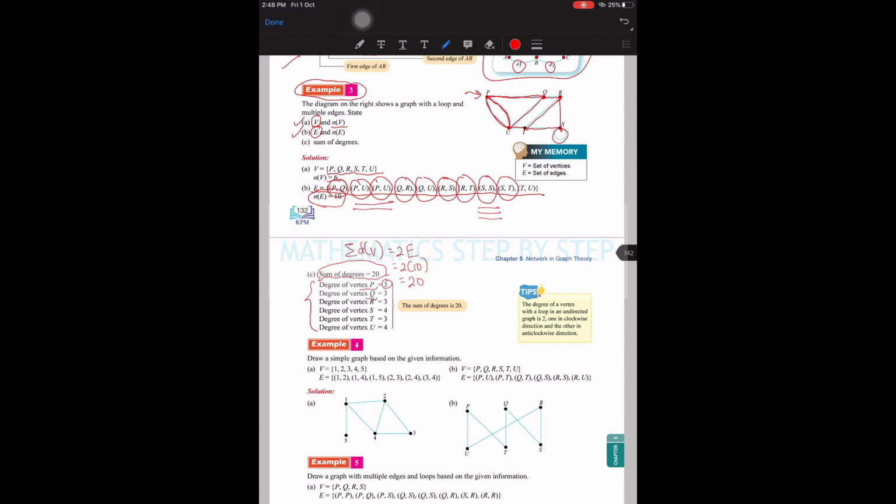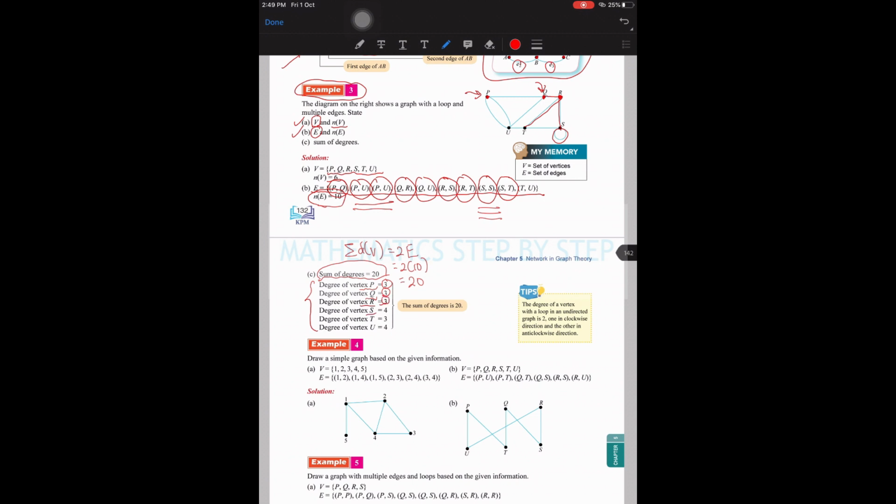Then degree of vertex Q. Vertex Q is here. So we can see this is the first line, this is the second line, and this is the third line connecting vertex Q. Okay, so degree equals to 3. Then degree of vertex R. We can see the first line, second line, and third line connecting vertex R. Okay, so degree equals to 3.